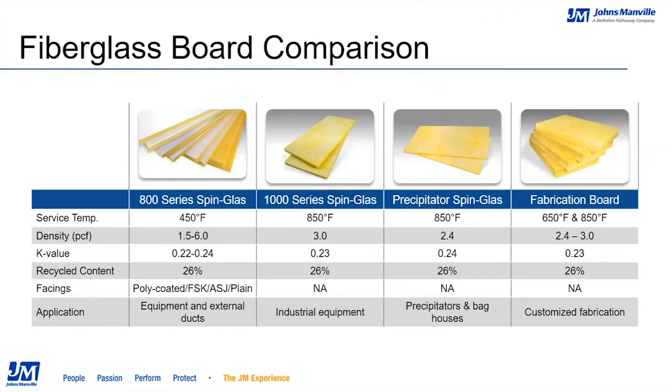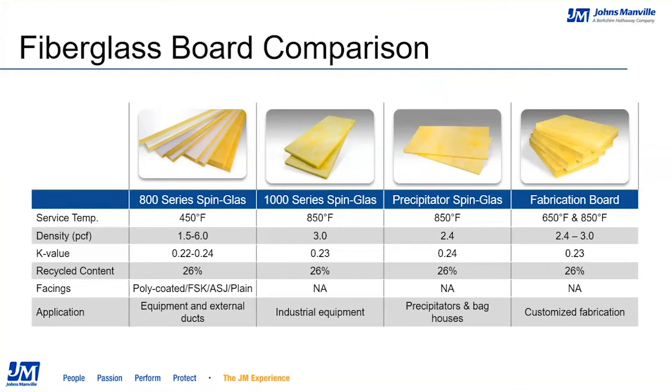It also matches our Microlock HP Ultra, our polypropylene jacketed pipe offering. Next, and most frequently used, is FSK, or foil scrim kraft, which features the aluminum foil as the outer layer of the jacket. And of course, just like pipe, there's ASJ and plain available on 800 series.